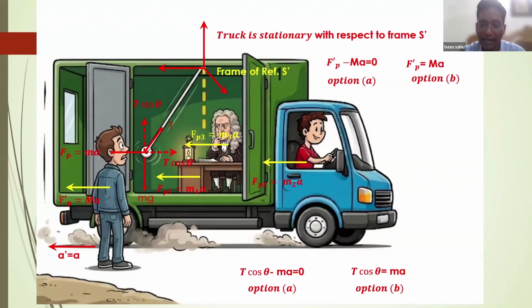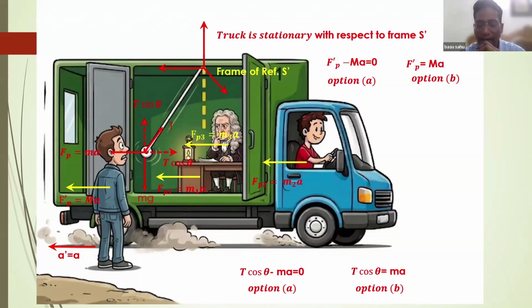Remember our equation: F external plus F pseudo is equal to mass times acceleration observed in the S dash frame. The acceleration observed in the S dash frame is a dash, and F external is 0. That means option B is valid, not option A. What did option A say?